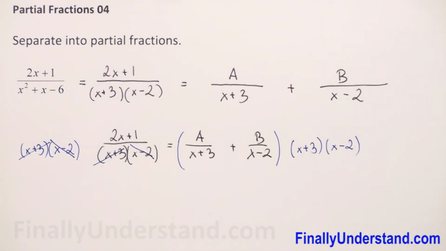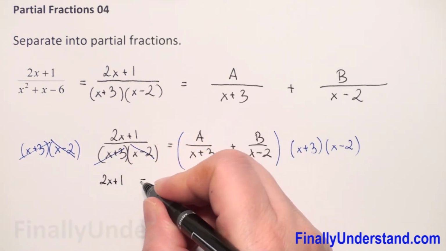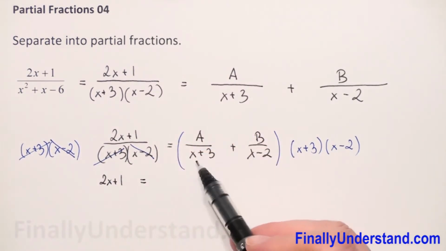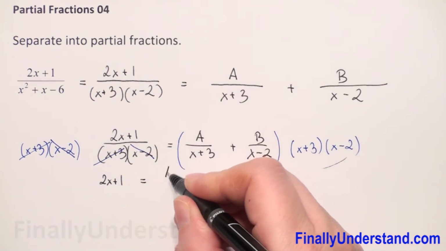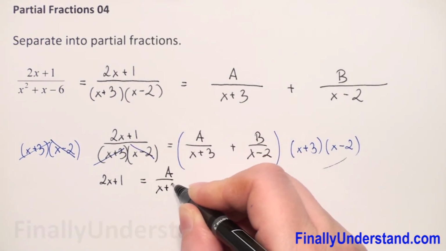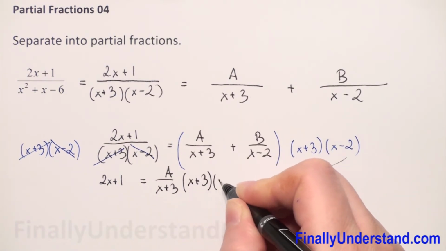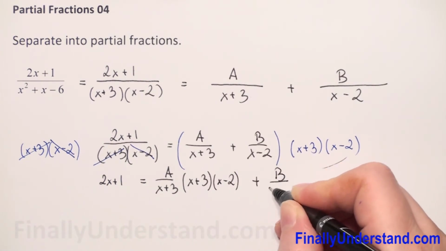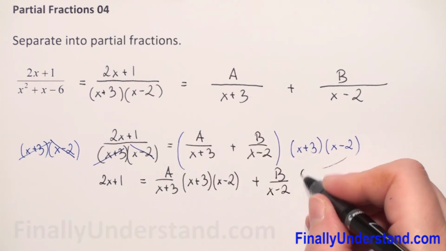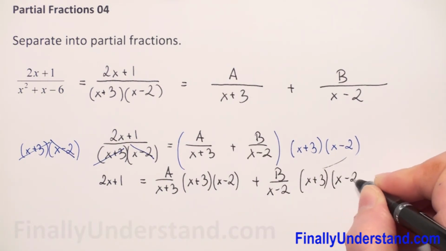So on the left side we have only 2x plus 1. This is equal to, and now every fraction we have to multiply by this whole expression, a over x plus 3 times x plus 3 times x minus 2, and b over x minus 2 times x plus 3 times x minus 2.